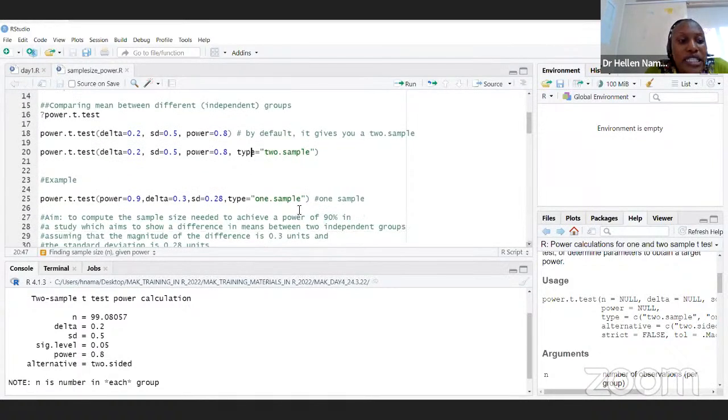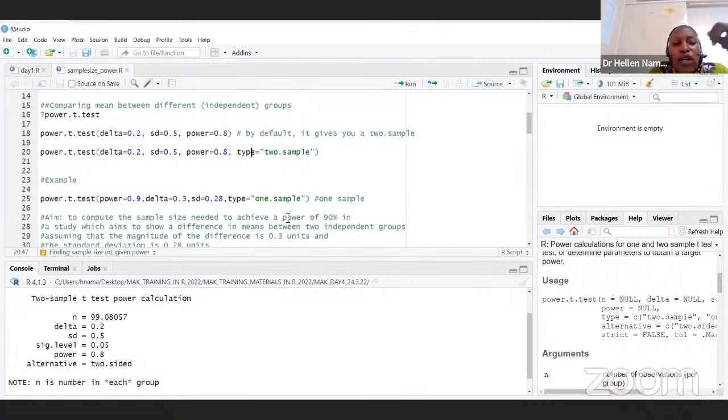Okay. We can still do the same using the same command, assuming now I change my power to 90, that is 0.9, and then my delta to 0.3, then standard deviation 0.2. But this time around, I consider a 1 sample.